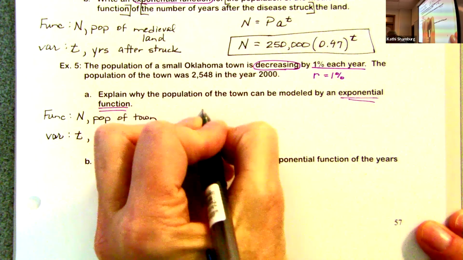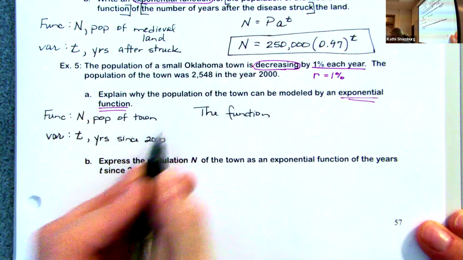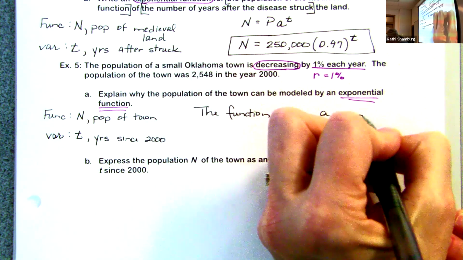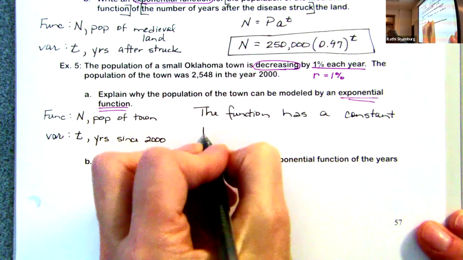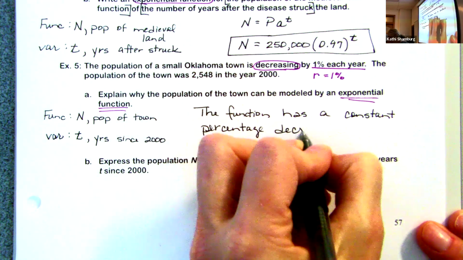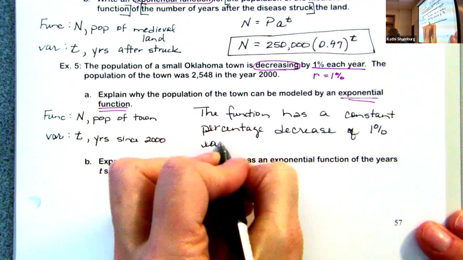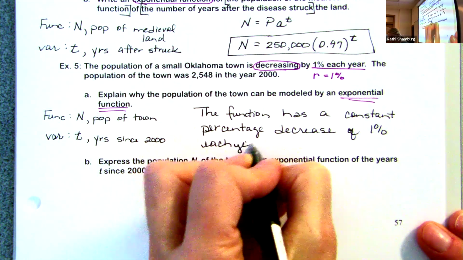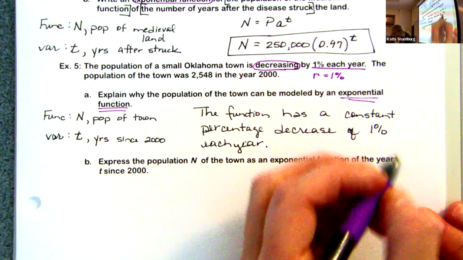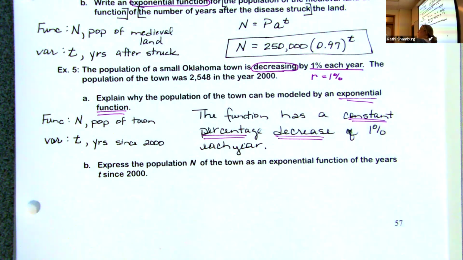So we would say the population of the town has a constant percentage decrease of 1% each year. So the key here is that it has a constant percentage decrease. That's what makes it exponential.